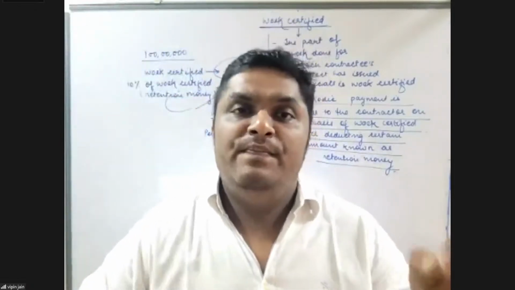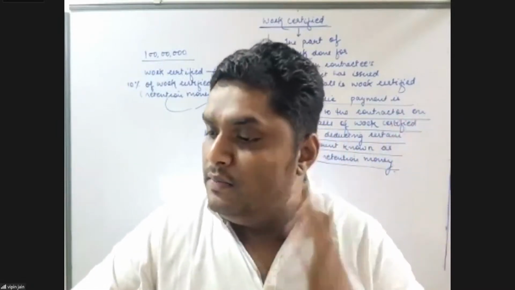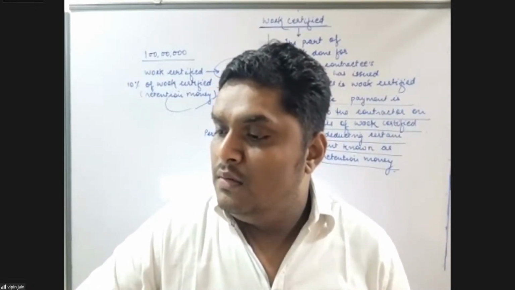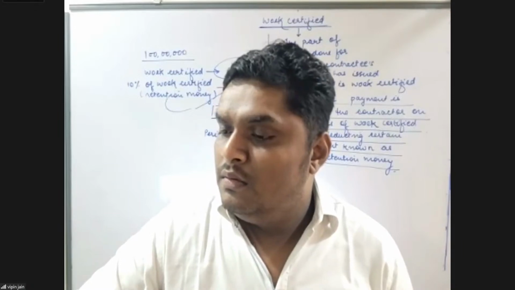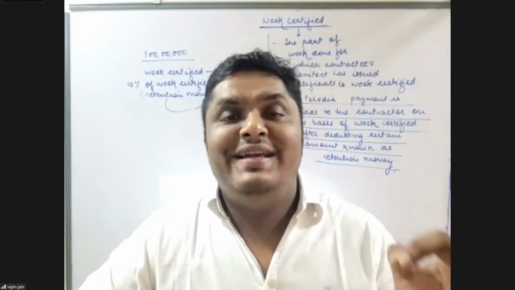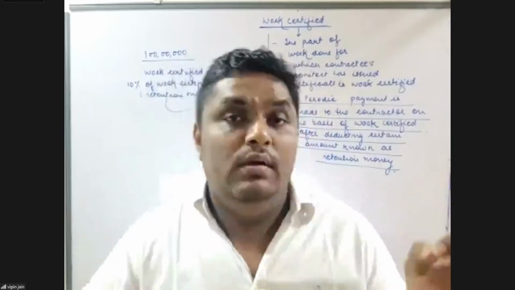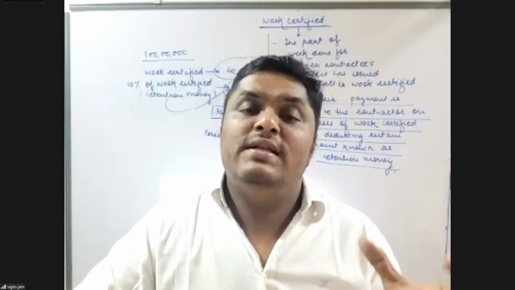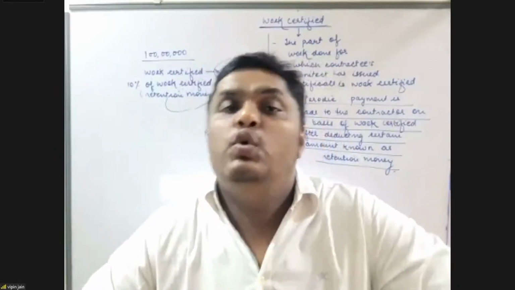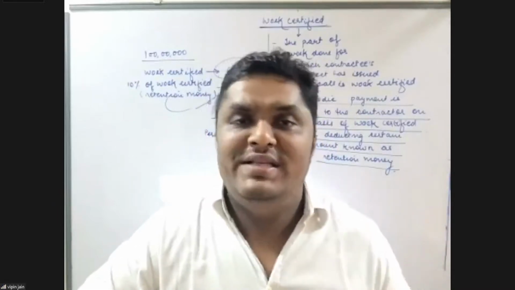The first term is work certified, that is the part of work done for which contractee's architect has issued certificate. When talking about the periodic payment, that is, progress payment, the periodic payment is made by the contractee to the contractor on the basis of work certified after deducting certain amount known as retention money.